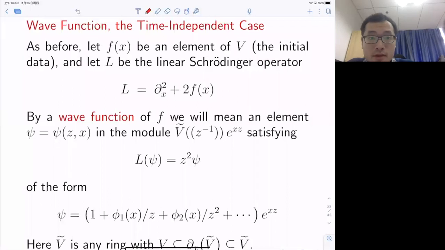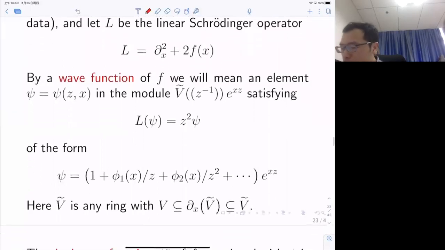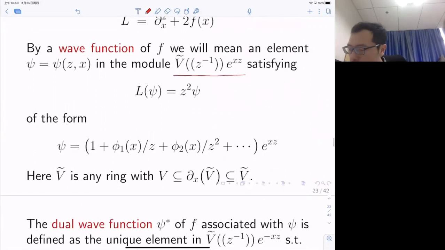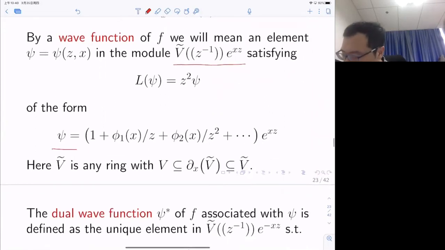For the wave function, it's just L psi equals z squared psi, the eigenfunction for the Lax operator. And we consider it in this space. In particular, this psi has this form, okay?